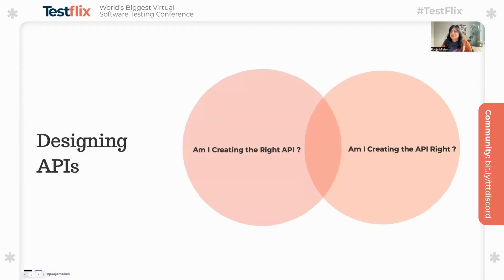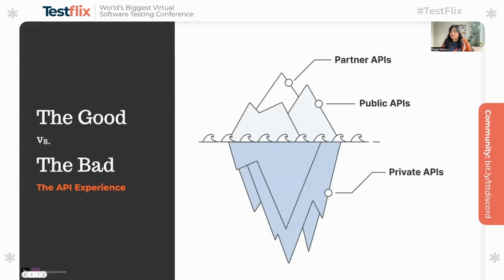So we're going to talk about two different things. When it comes to designing APIs, there's a couple of questions I like to think about: am I creating the right API, or am I creating the API right? These two questions really dictate the kind of experience that you're going to have with your API, whether or not that experience is a good experience or a bad experience.